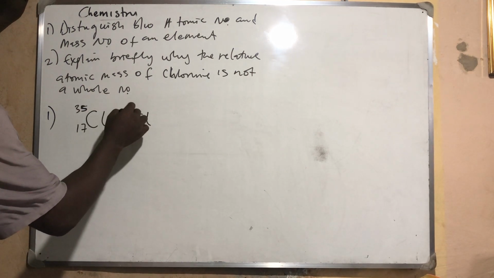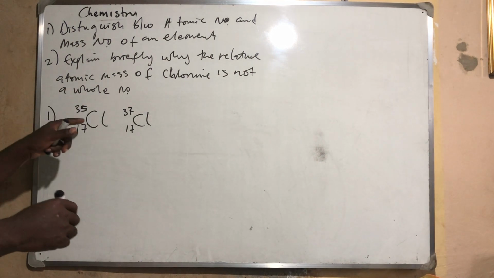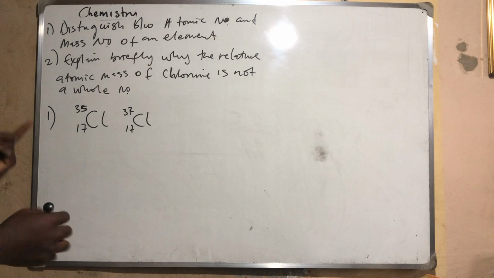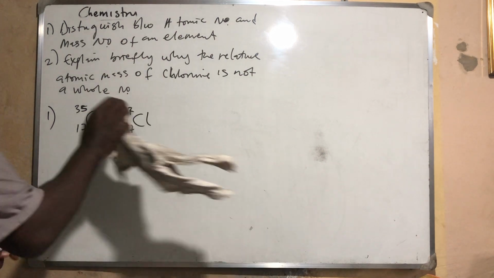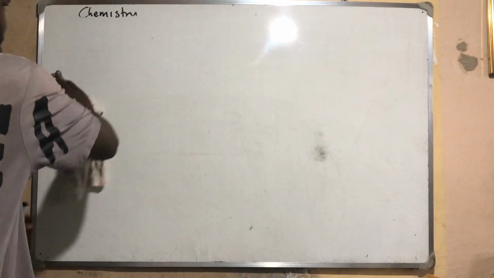They have the same atomic number, but different mass numbers due to different neutron numbers. So that is why it is not a whole number.